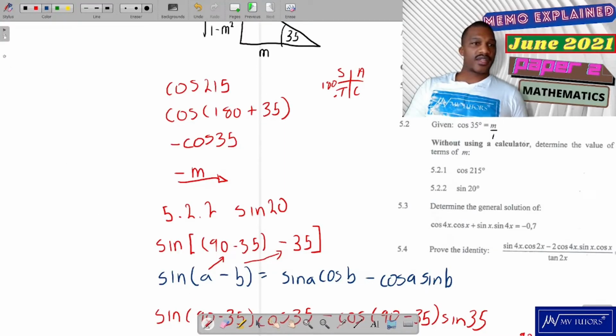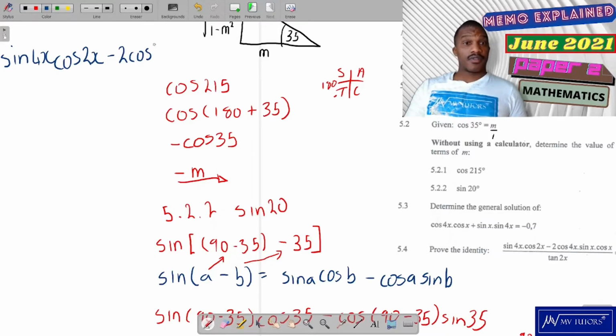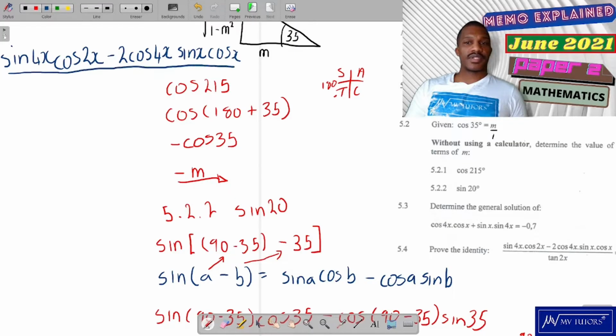So the left hand side is sine 4x cos 2x minus 2 cos 4x sine x cos x, and all of this is divided by tan 2x.